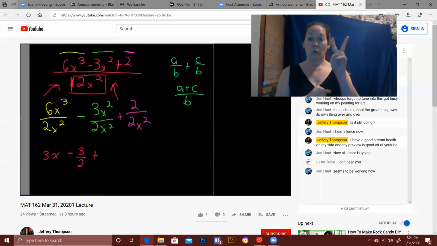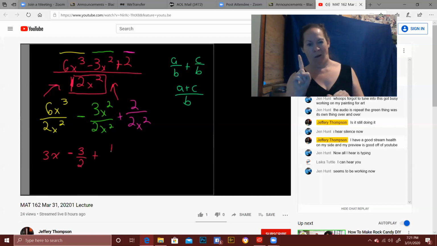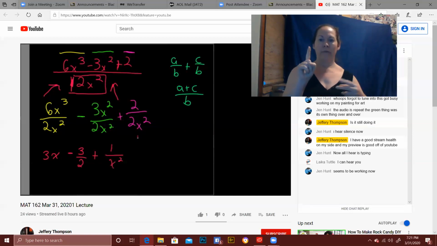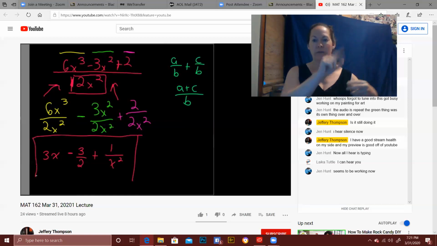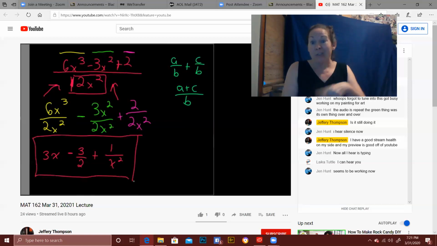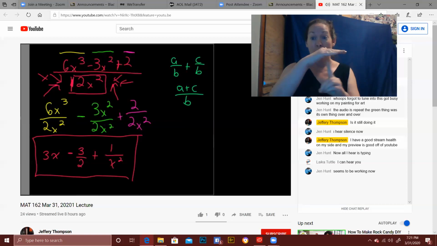2 divided by 2 is 1. And I'm left with x squared down below. And that is the answer to my division. When the downstairs is a monomial, I break it into its individual terms.